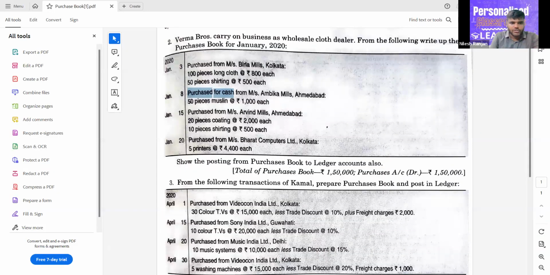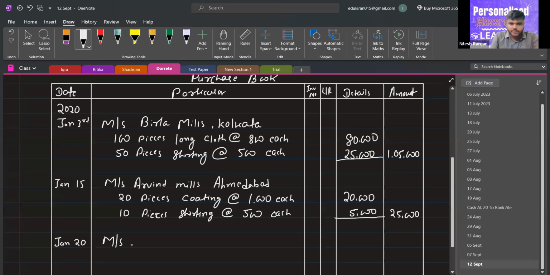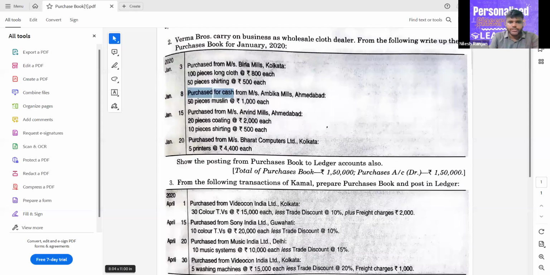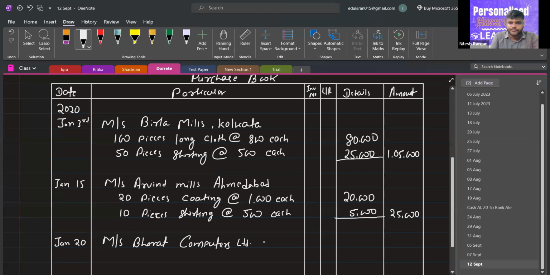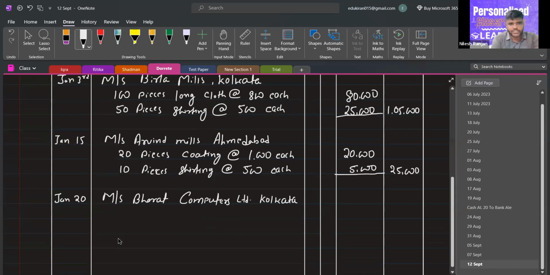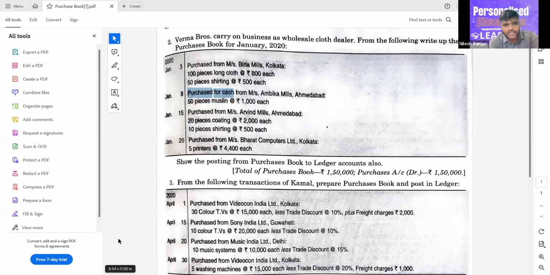Okay. So, Messrs. Bharat Computers Limited, Kolkata. In this, there is only one item, and that is 5 printers at the rate 4,400 each.